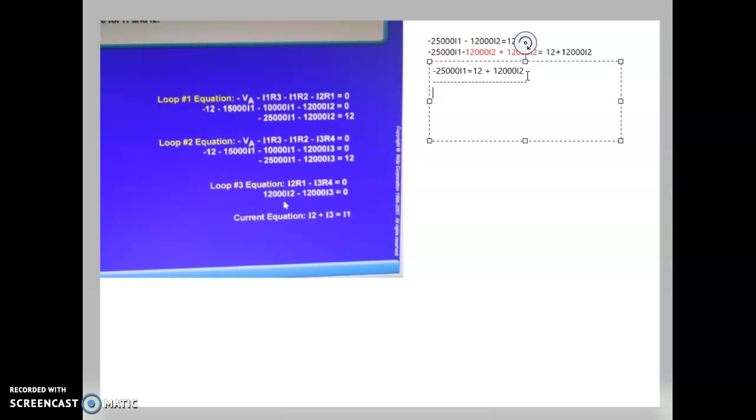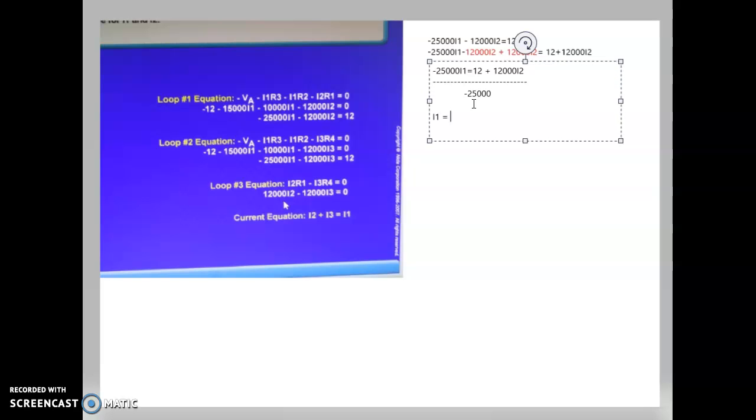I'm going to divide both sides by minus 25,000. What this effectively does is get rid of the minus 25,000 in front of the I1, and leaves I1 all by itself.